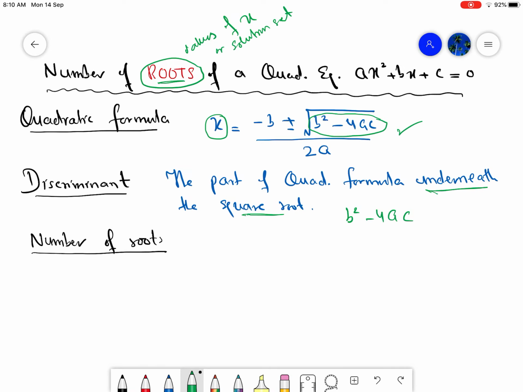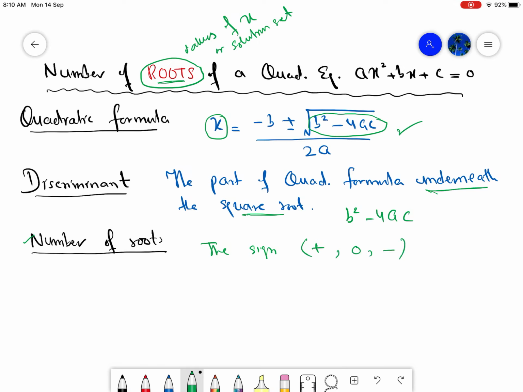To know about the number of roots for a given quadratic equation, we only need to focus on the discriminant and check its sign. It can be positive, it can be zero, or it can be negative.